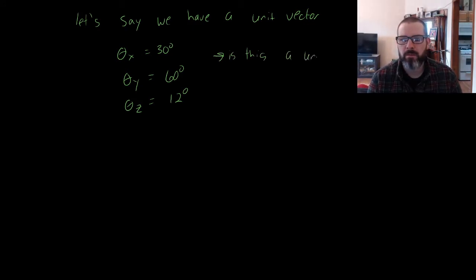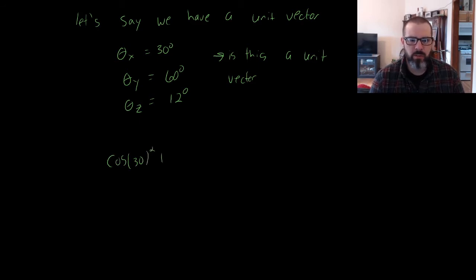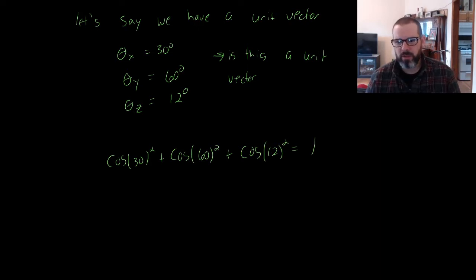Well, we can find out if the cosine of 30 squared plus the cosine of 60 squared plus the cosine of 12 squared equals 1, then we have a unit vector. It turns out if you square all these and add them together, you get 1.99, which definitely does not equal 1.